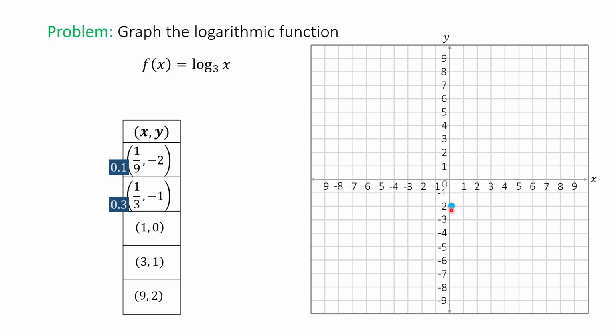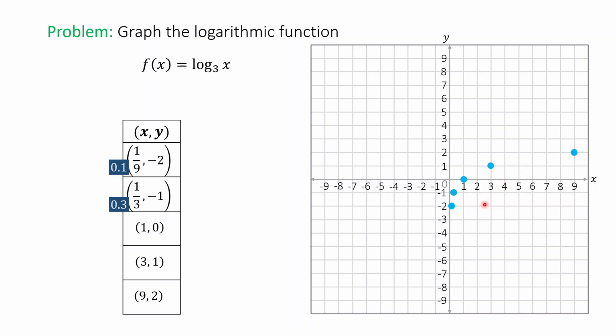So here. 0.3, negative 1. 0.3, somewhere here, negative 1. 1 comma 0. So 1 comma 0, that is this. 3 comma 1. Now 9, 2.